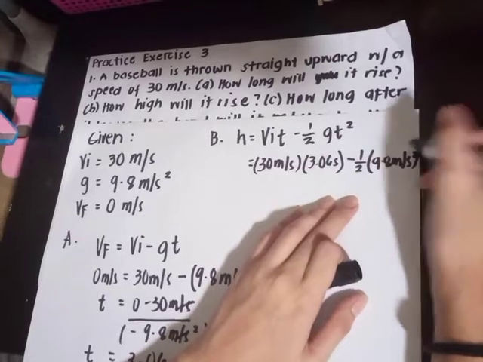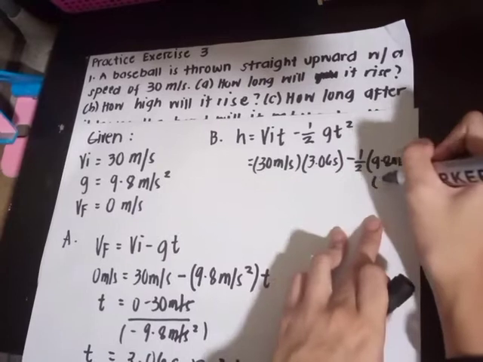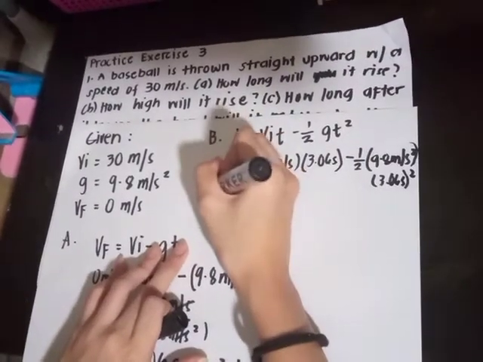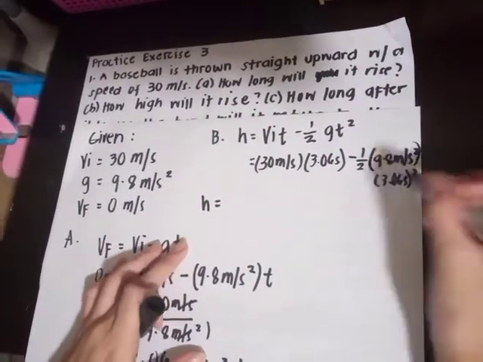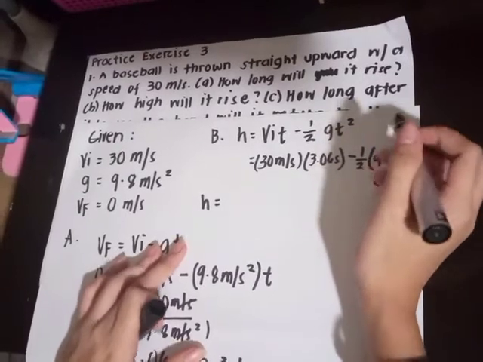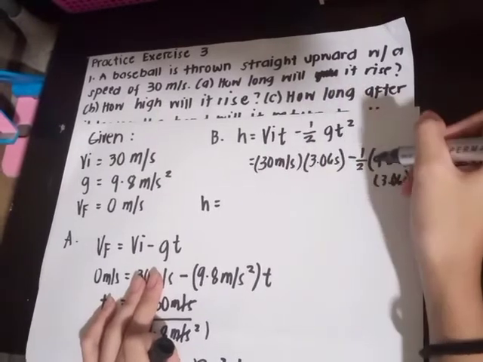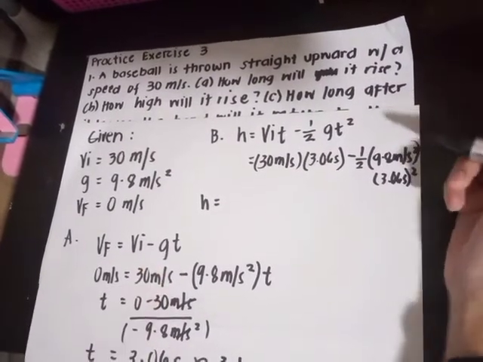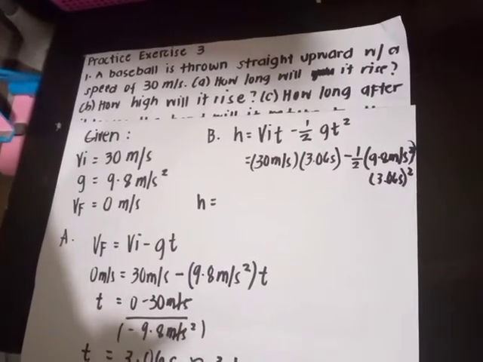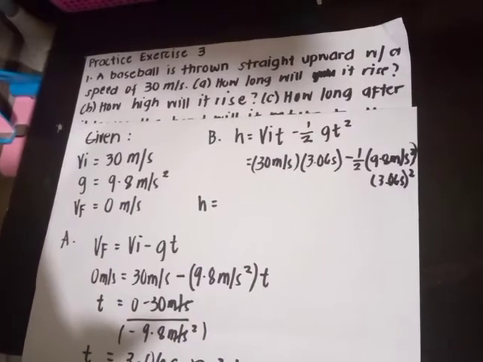Then the time, which is dito ko na lang lalagay, 3.06 seconds squared. So urong natin. So ito muna, 30 meter per second times 3.6 seconds, and ma-minus mo sa negative 1/2, 9.8 meter per second squared, and 3.06 seconds squared.